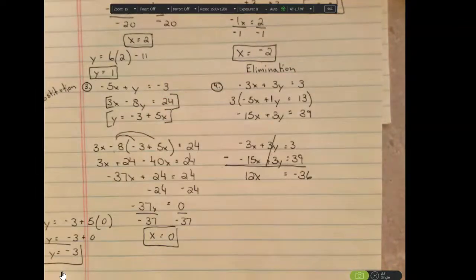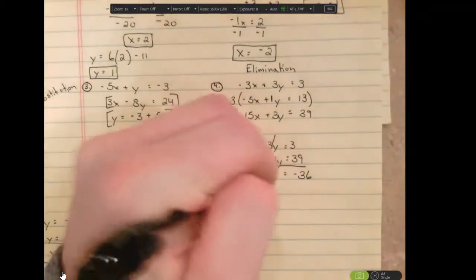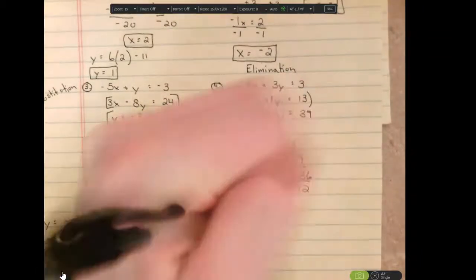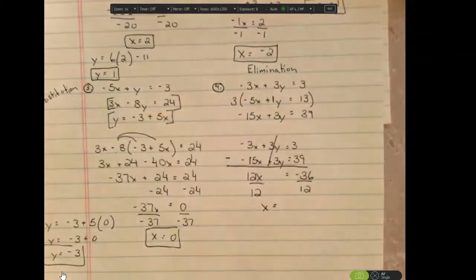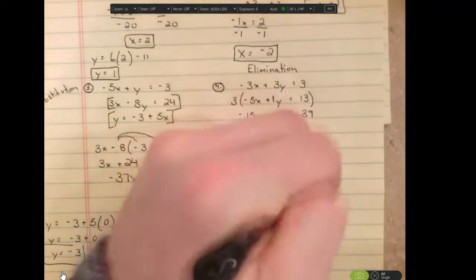And from here, guys, we're really just trying to get x by itself. The only way to get x by itself is to divide by 12. So x is equal to negative 36 divided by 12, negative 3.